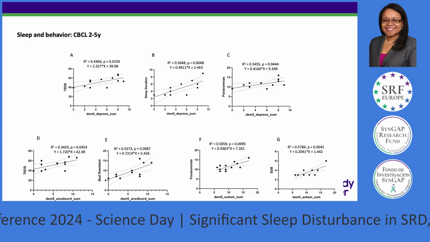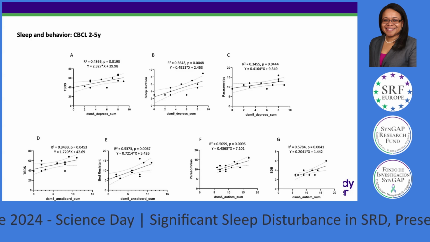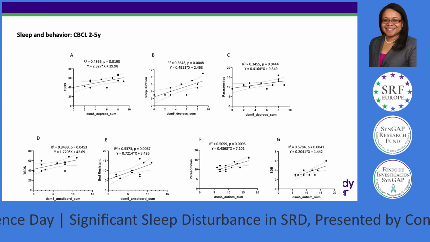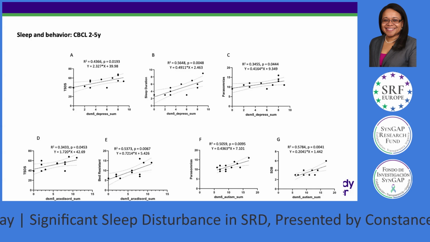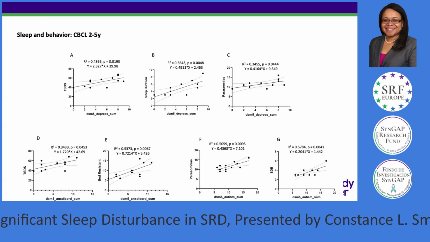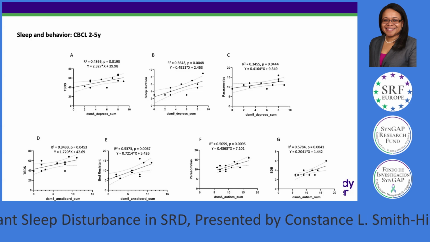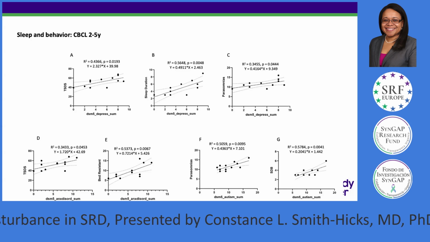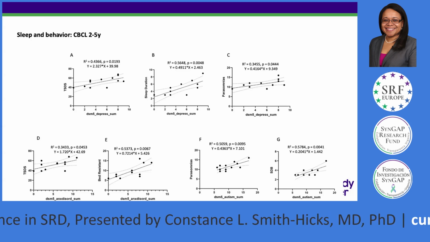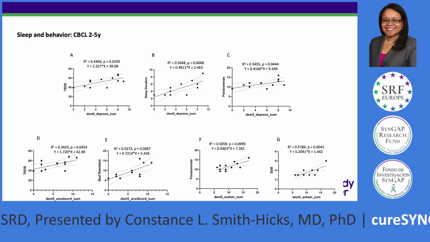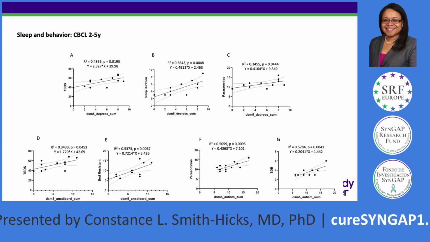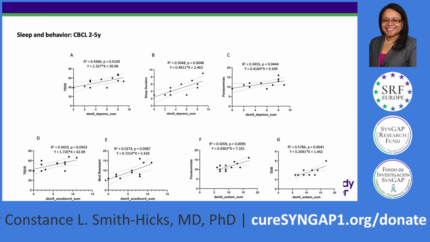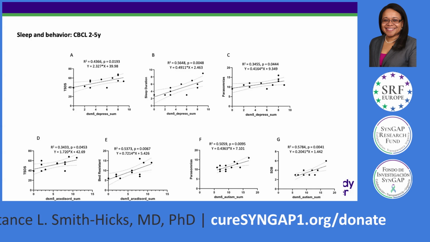In panels D through E, what I'm showing you here is that higher scores on the anxiety disorder subscale, again, is predictive of higher scores on total sleep as well as bedtime resistance, so consistent with the earlier data that I showed you. And then in panels F through G, we're seeing that higher scores in the autism clinical features, again, strongly predictive of parasomnia and sleep disordered breathing.